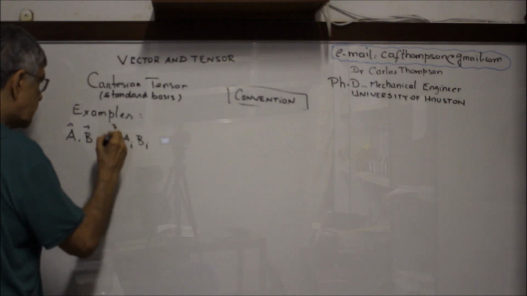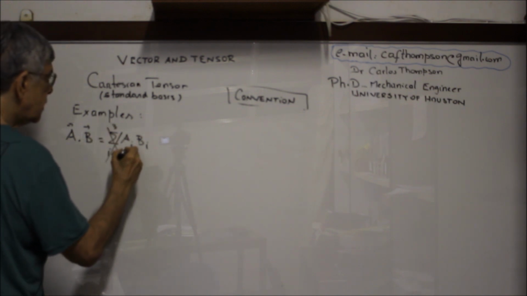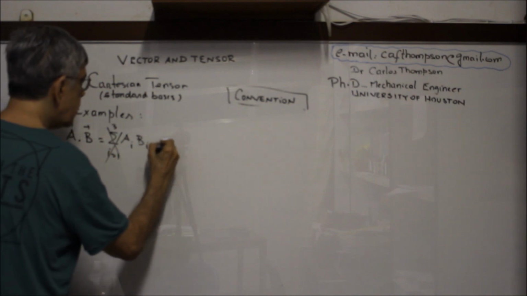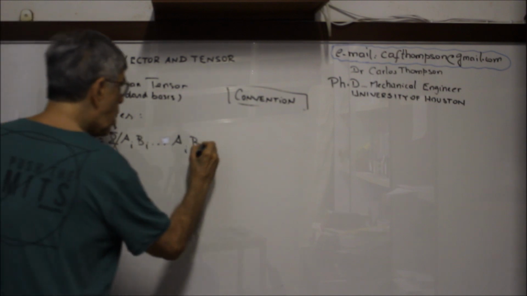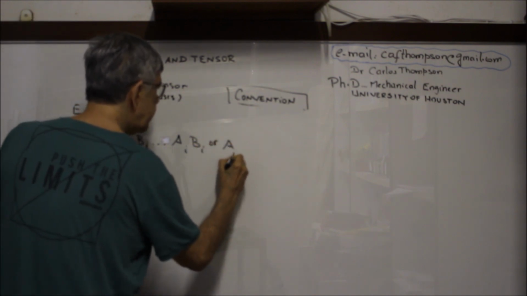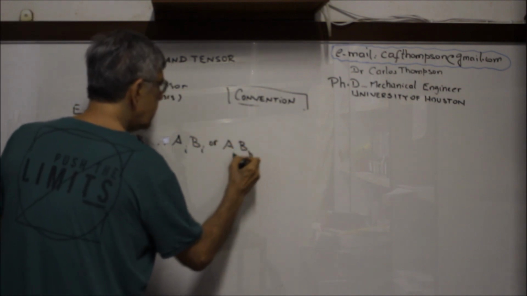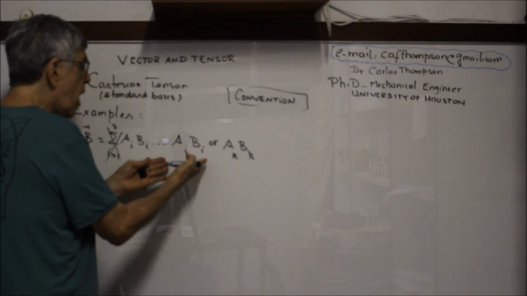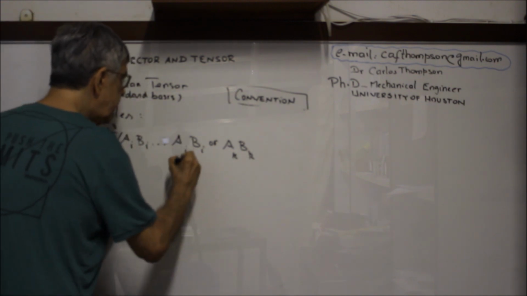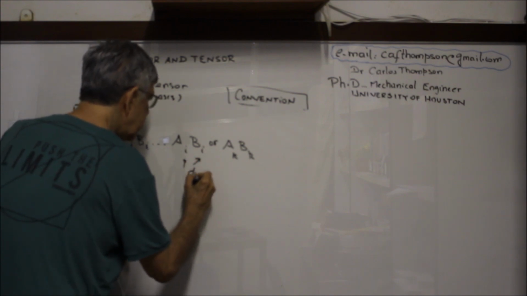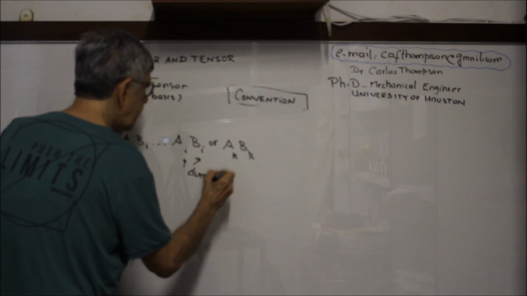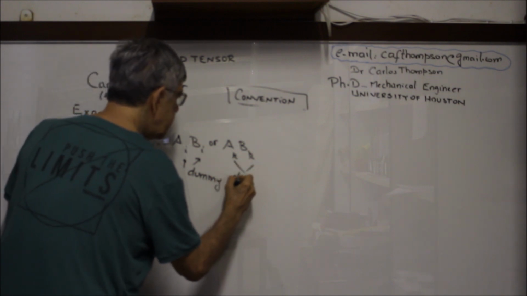Let's forget the summation, and here we have A_i B_i, or A_k B_k. Here i is dummy. k is dummy.